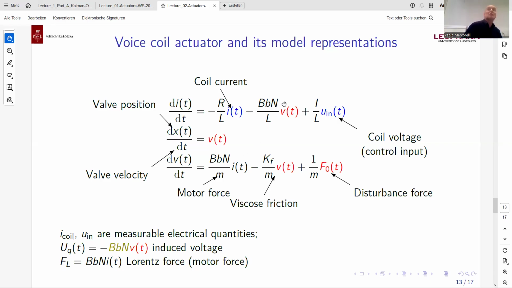Do you remember the concept of dual? We change, instead of velocity, instead of the movement, we have the force and vice versa. You remember this original concept. The rest is an RL circuit, and the rest here is the mechanical system, which is moving.